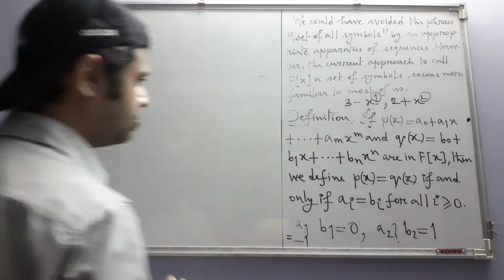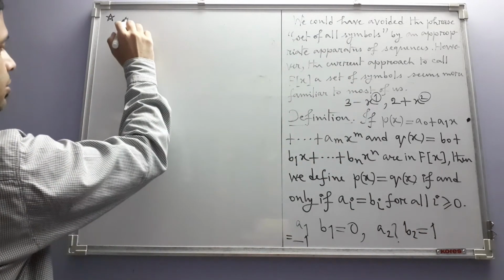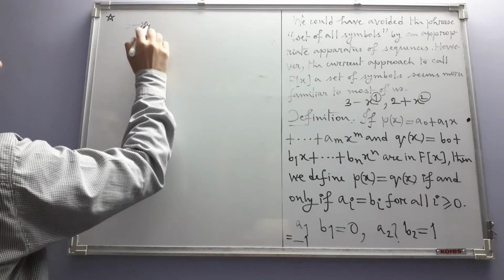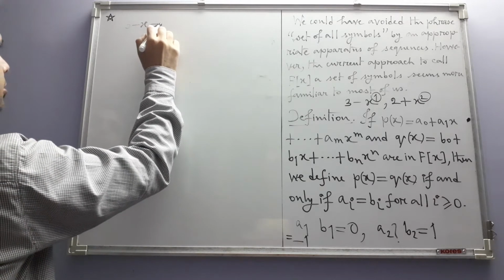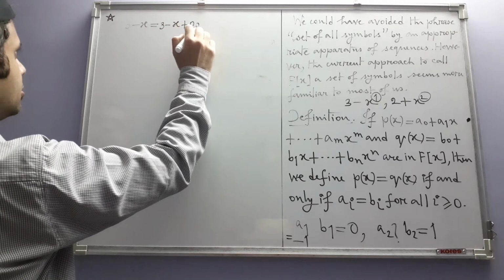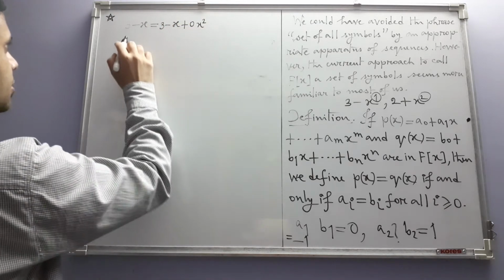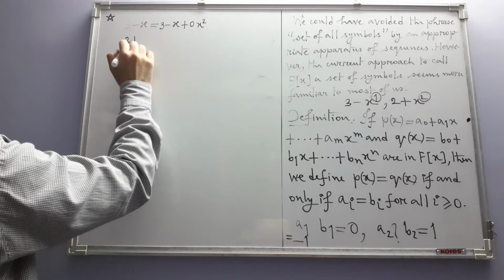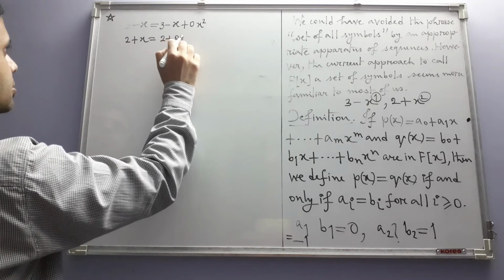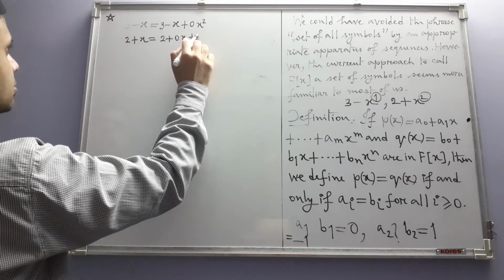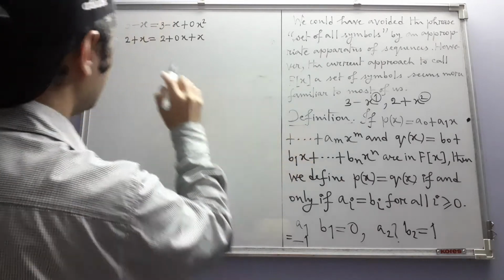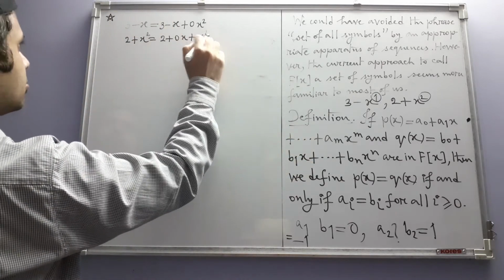What about a2? You can write the polynomial like this. 3 minus x can be written as 3 minus x plus 0x square, and 2 plus x of course is 2 plus 0x plus, oh no, sorry, what am I writing? 2 plus x square.